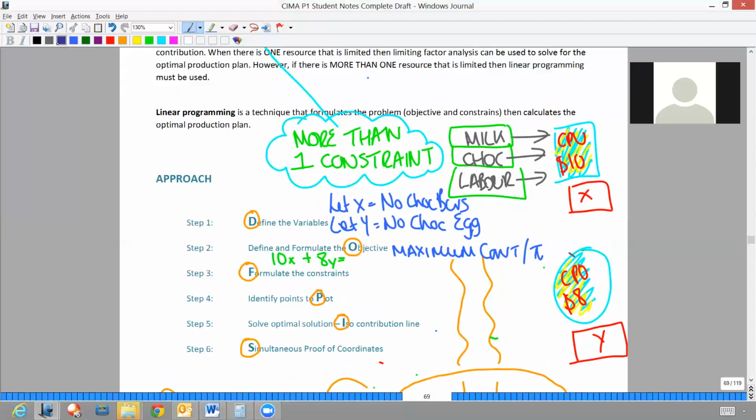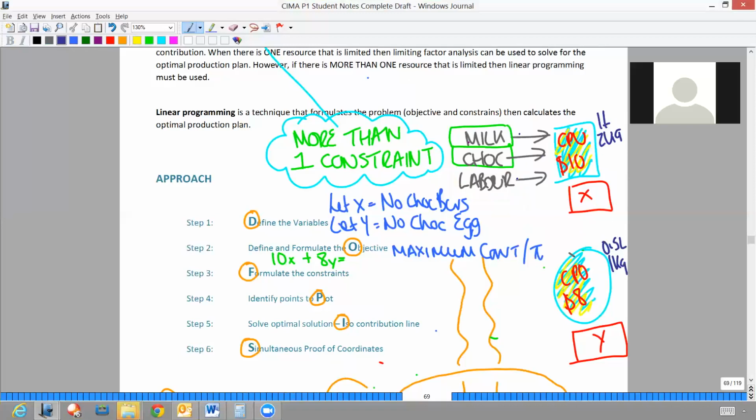So it might say, your chocolate bar uses 1 litre of milk, and your egg uses half a litre of milk. And for chocolate, it uses 2 kilograms and your egg takes 1 kilogram.